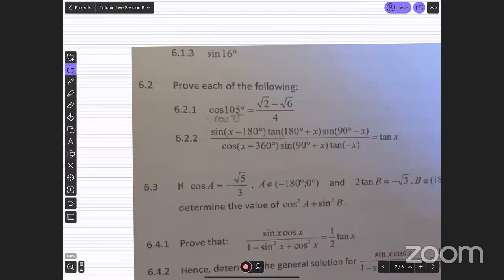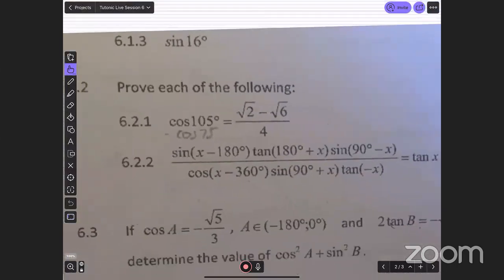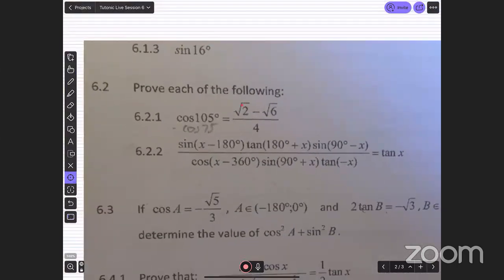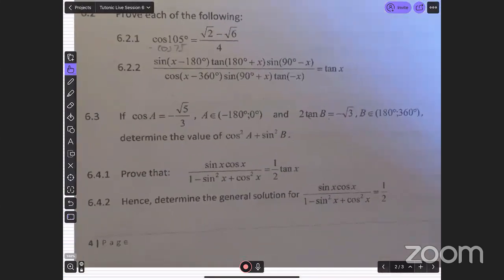That's why we need to do it with you. But we just did it. Okay, just do this one for more practice. I just showed you root 2 minus root 6 over 4. This one you guys can do because you have done reduction, right? Okay.